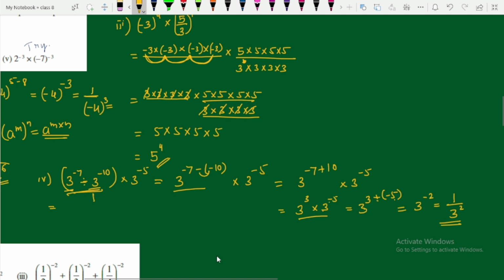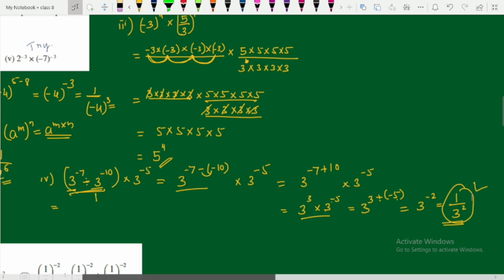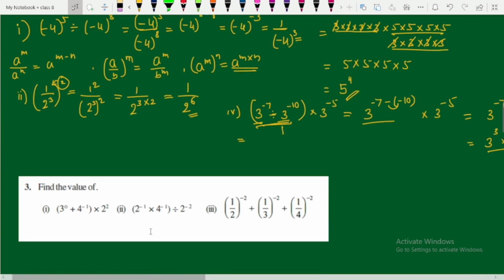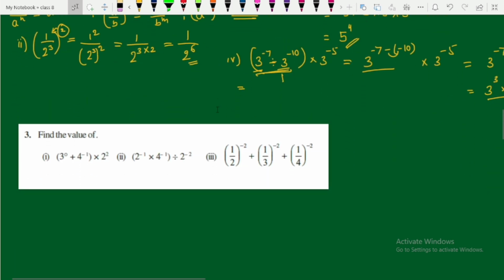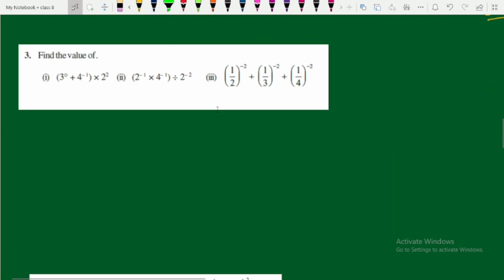So we got the positive exponent. In this way you can answer question number 4. I hope you understood. Question number 5 you can do yourself and get the answer. So next, question number 3, find the value of, in that question number 1.